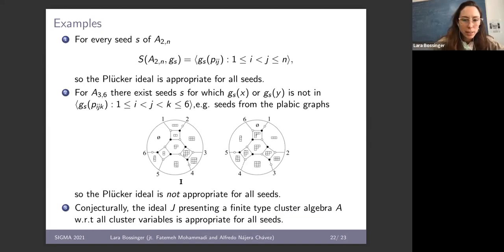Yeah, so it means in this case that this motivating theorem from the beginning of the talk stated that if I have a valuation, then I can find a maximal cone in some tropicalization that gives me the same toric degeneration of my algebra, or of the Grassmannian in this case. If I take the Plucker ideal and consider its tropicalization, then there will be no maximal prime cone in the tropicalization that recovers the toric degeneration of the Grassmannian that I get from these two special seeds.